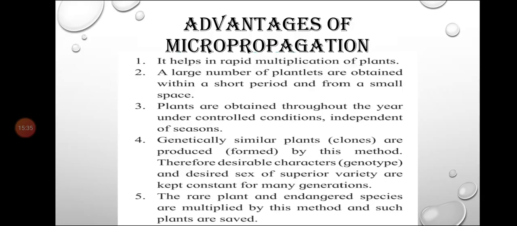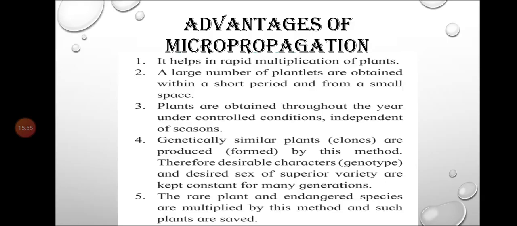Plants are obtained throughout the year under controlled conditions and independent of the season. Since we are doing it in the laboratory and we are maintaining the conditions, aseptic conditions, all the temperature, pressure, humidity, we don't need to depend on any season.